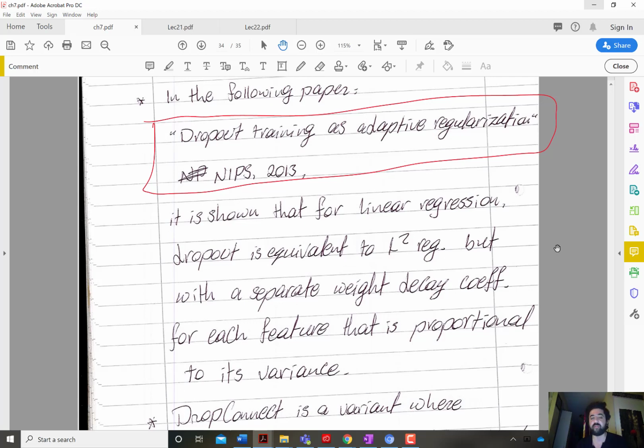You can think of the features as providing the basis for the weight decay coefficient for each weight parameter. So it's as if you have a different weight decay coefficient for each feature that's proportional to how much this feature will vary, right? If there is a feature that varies a lot, then this is an important feature, and you don't decay the weights by a lot, and so on.